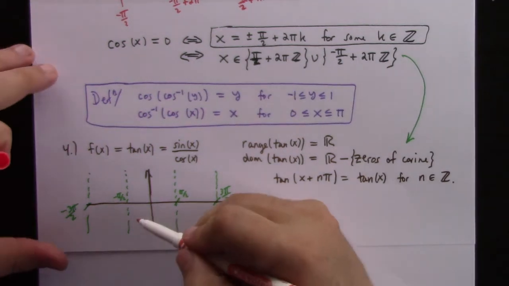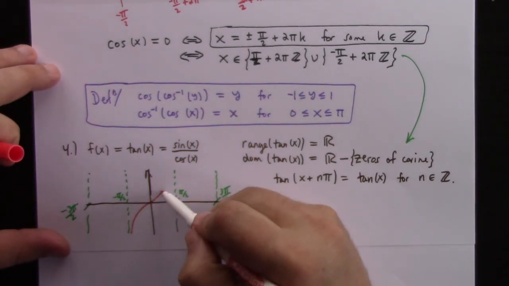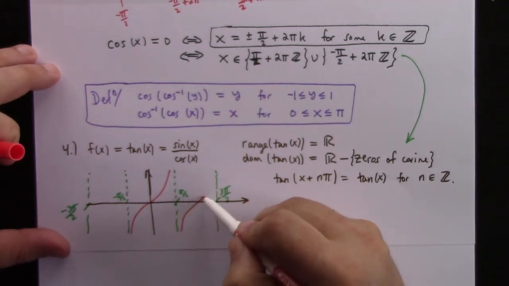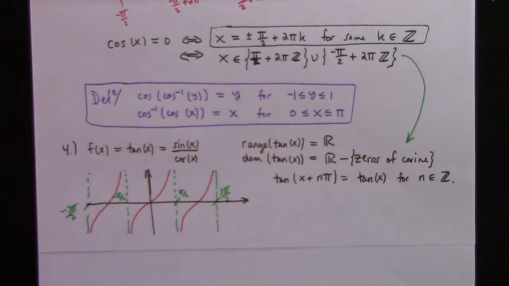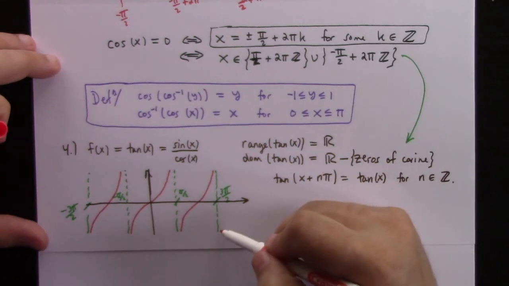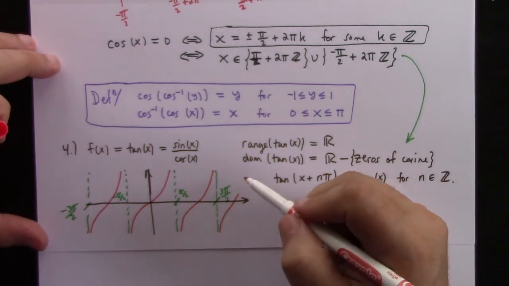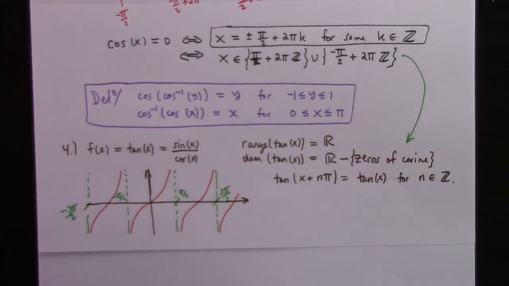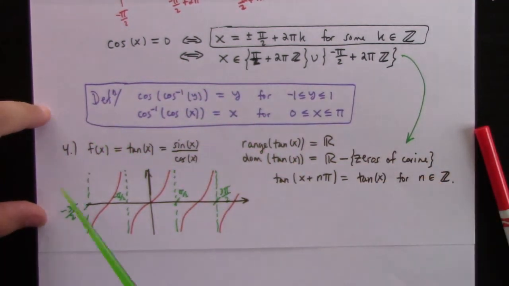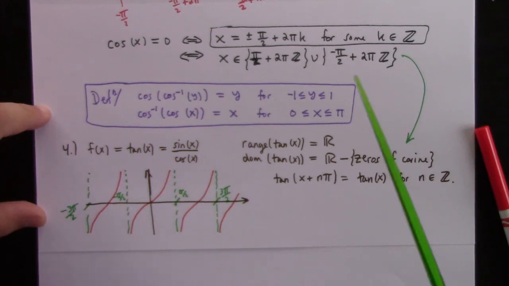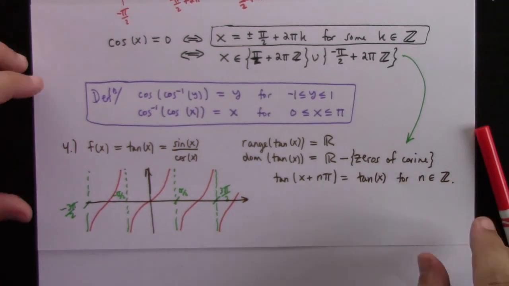Now, its graph looks something like this, and so forth, and it keeps repeating, and it's very boring. It just keeps repeating itself forever and ever. If you were to draw a horizontal line through this graph, like so, you cut through tangent here and here and here, and lots of places, and that won't do.